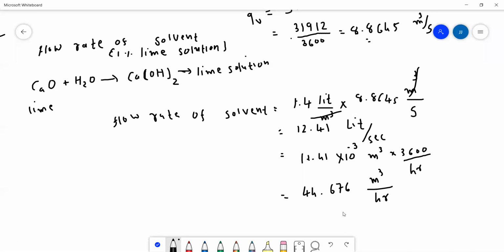Now density of 1% lime solution is also given. Density of 1% lime solution is equal to how much? Let's see.